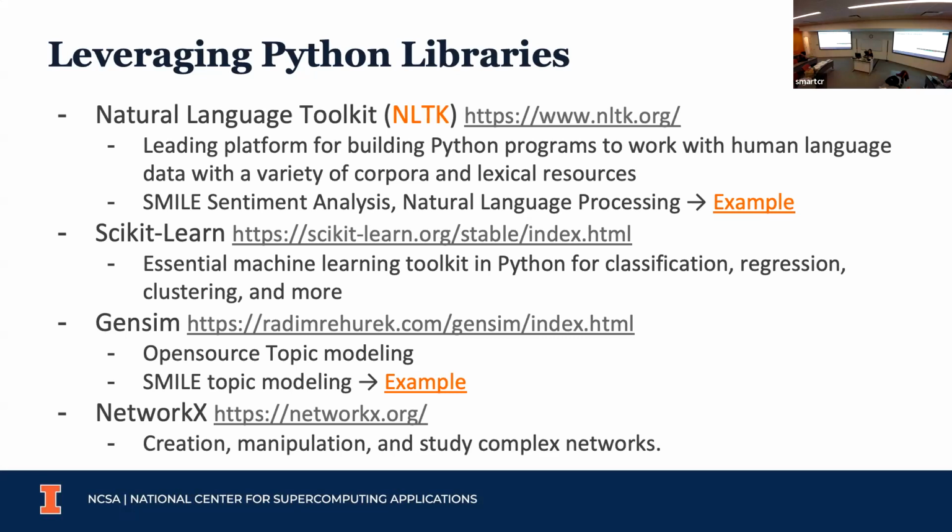You can generate a retweet graph or a mentions graph by leveraging NetworkX. And there are other generic libraries we use that I didn't include. We use a lot of pandas because we clean all those data into a tabular format. So we actually use pandas to do a lot of the data manipulation.